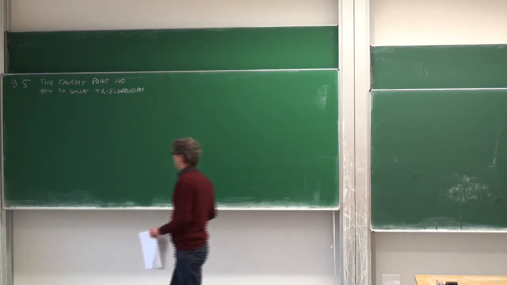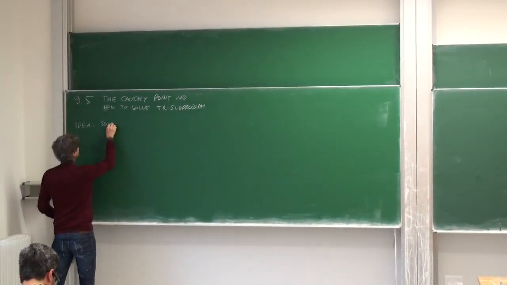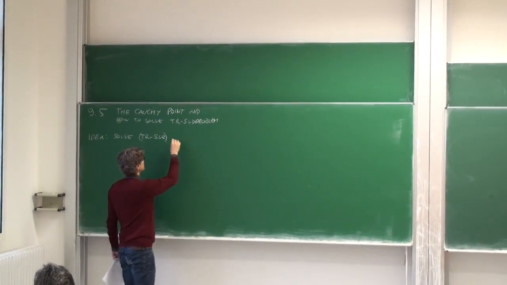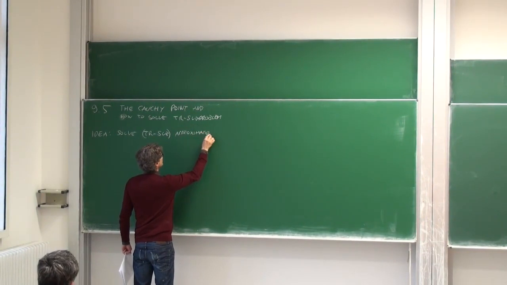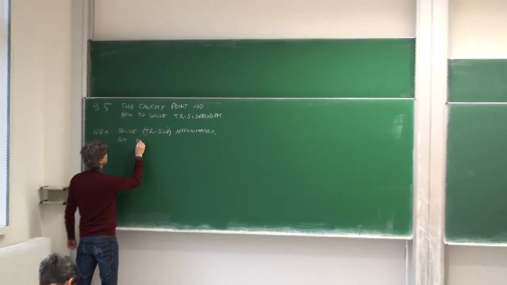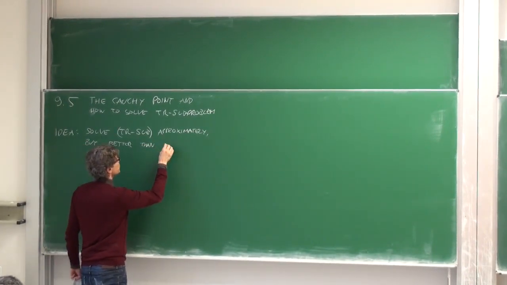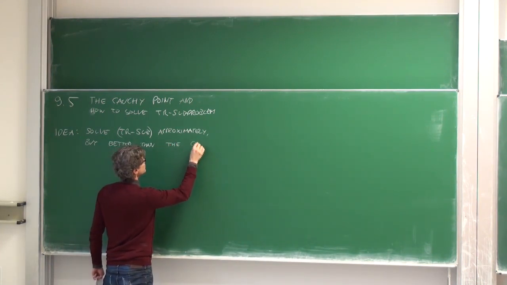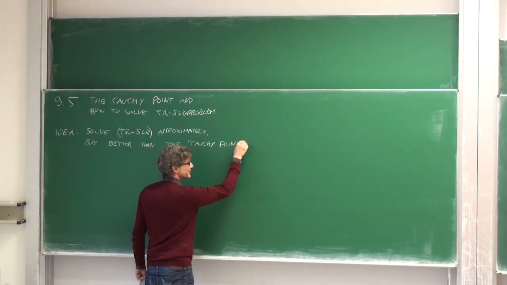So the idea is that we want to solve the trust region subproblem approximately, but better than the Cauchy Point, which we still need to define.